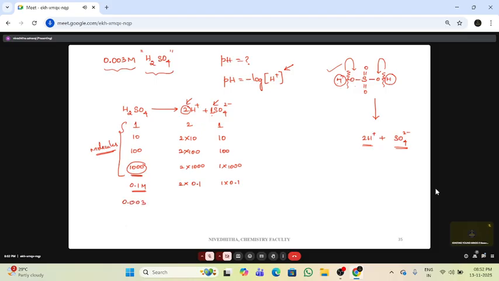Now my question is, sulfuric acid's concentration is 0.003. Now can you please calculate the concentration of H plus ion?